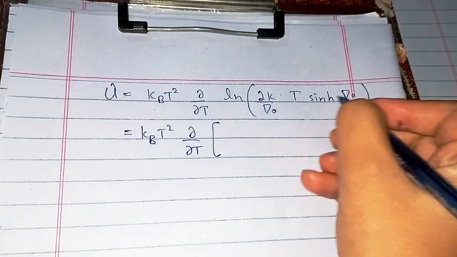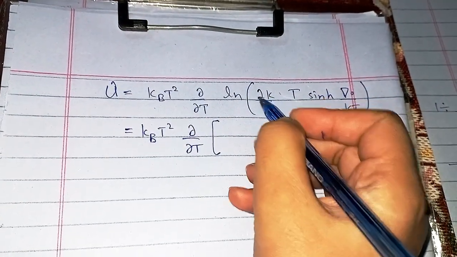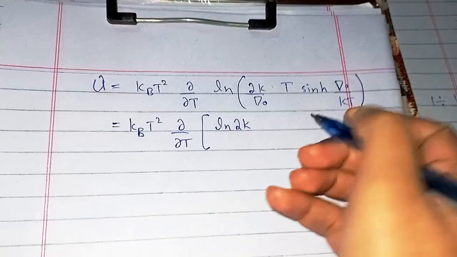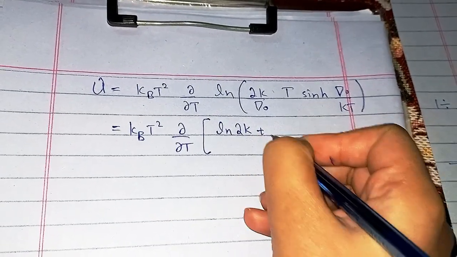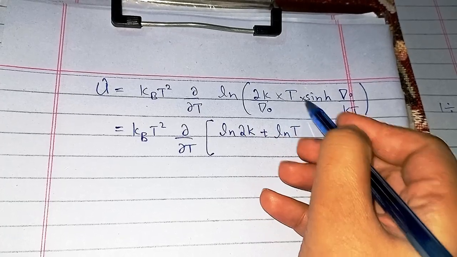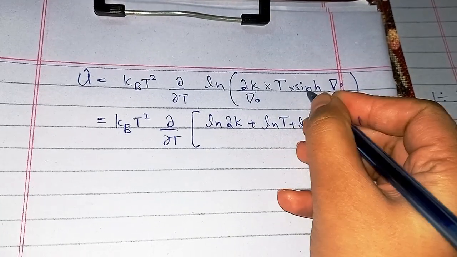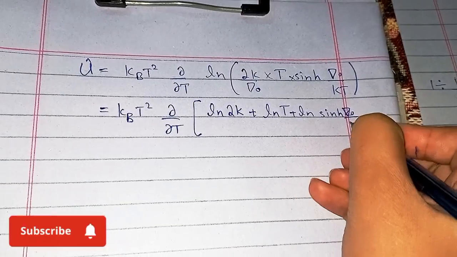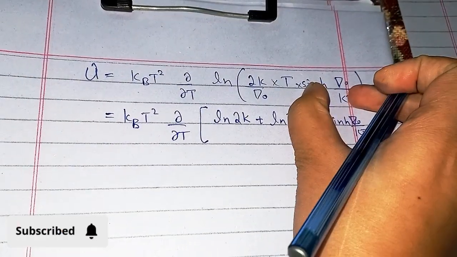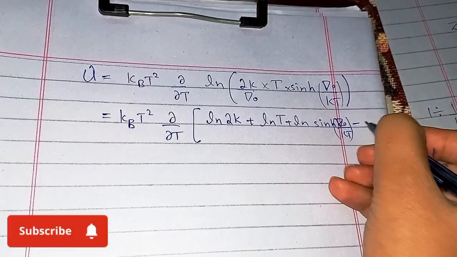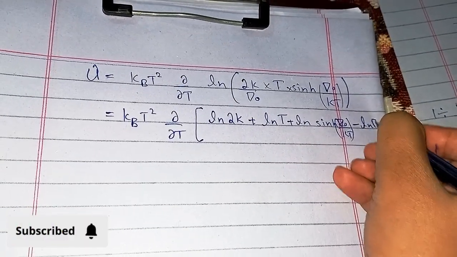So we have natural log of 2k, I am writing it separately, plus natural log of T, since they are being multiplied with each other, then plus natural log of this term, sine hyperbolic of delta naught by kT, that's a whole one term, minus natural log of delta naught.